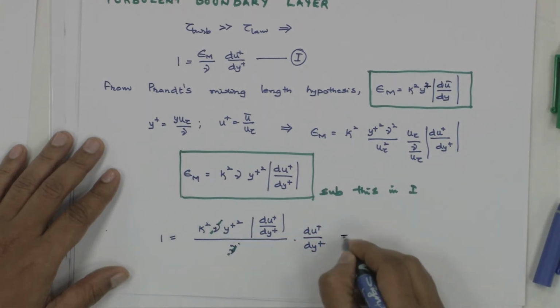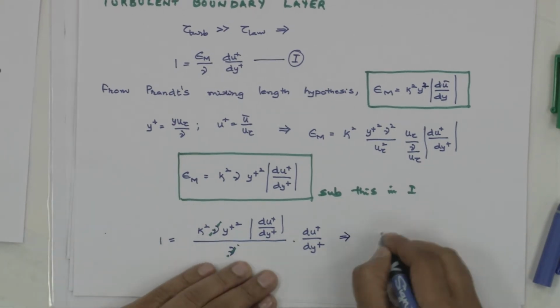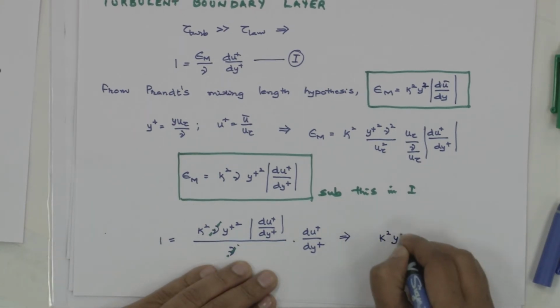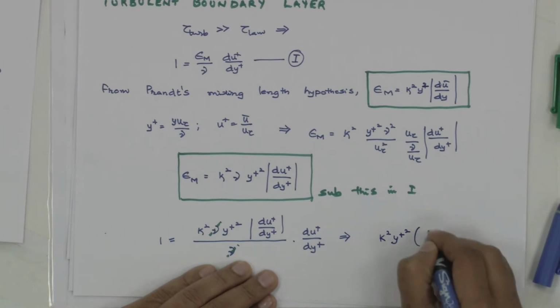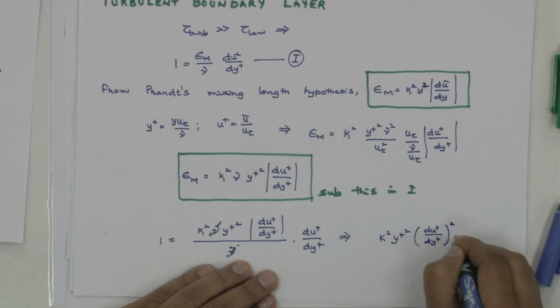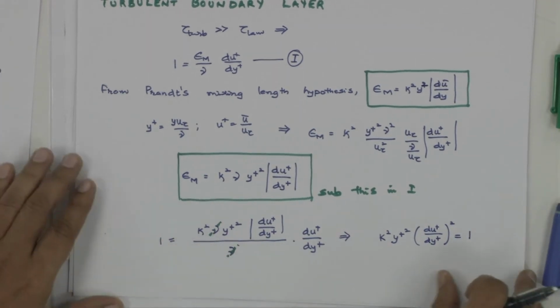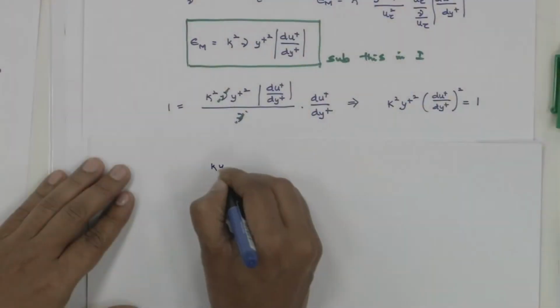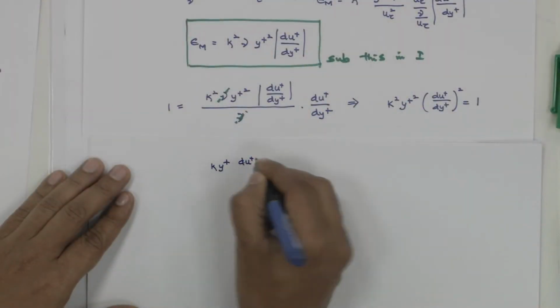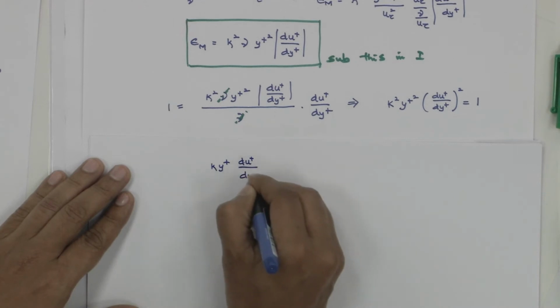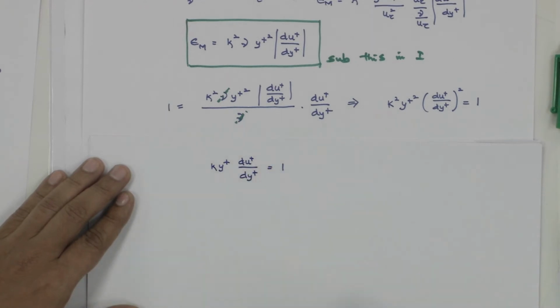So, you get kappa squared y plus squared into du plus by dy plus whole squared equal to 1. If I take square root of this, I am going to get kappa y plus du plus by dy plus is equal to 1.